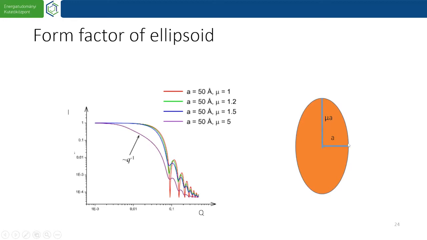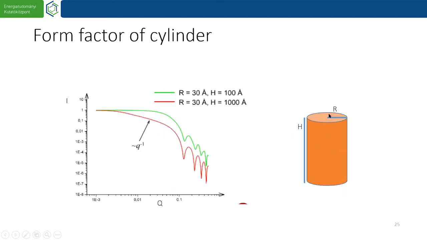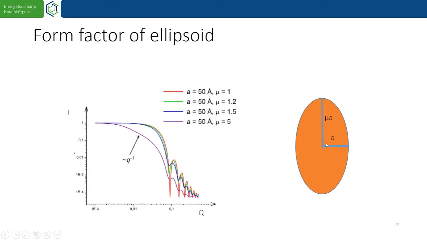We have a radius like this, a little bigger, and a little bigger, and even bigger until we reach the maximum radius. For this reason, the positions of the maxima and minima are also modulated, and finally they lead to the smearing of the oscillation.